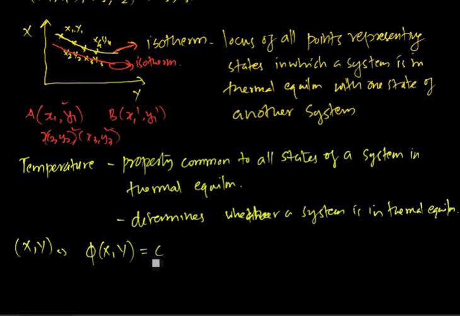We can write the equation of state in this way: phi of xy is equal to c.